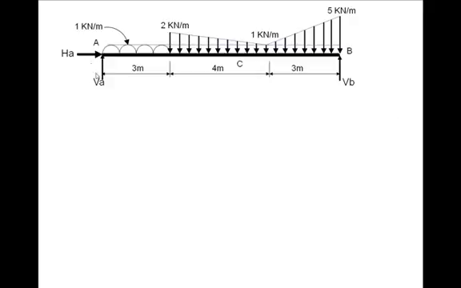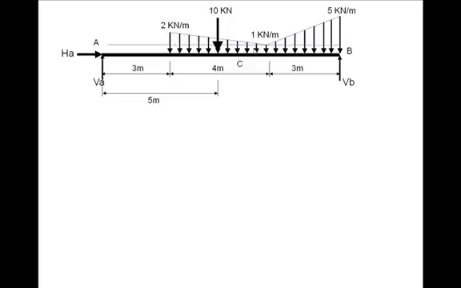So we have done that, HA, VA, VB, and in place of this uniformly distributed load, we have put a 10 kilonewton load. See, it was 1 kilonewton per meter over 10 meters, magnitude is 10, and acting at the center of 10, that is 5. Now a similar thing we are going to do for this triangle. See, this vertical distance is not 2 now, because 1 we have already taken care of, so it is 1.